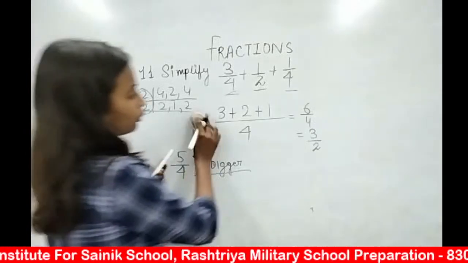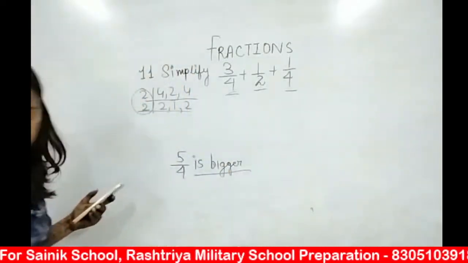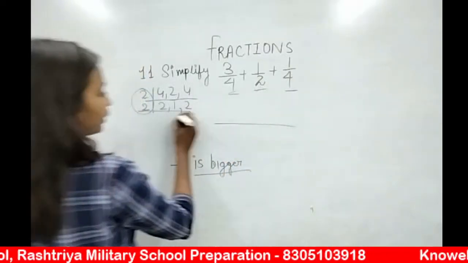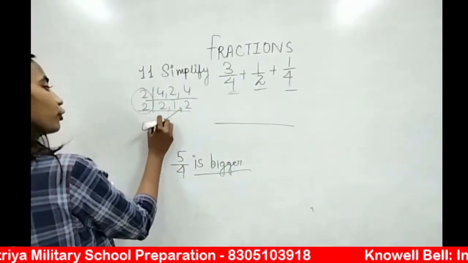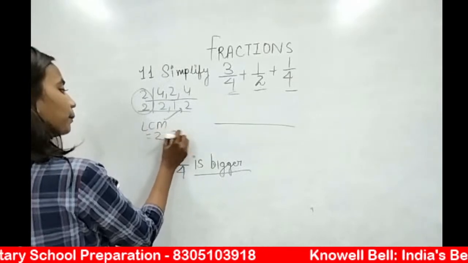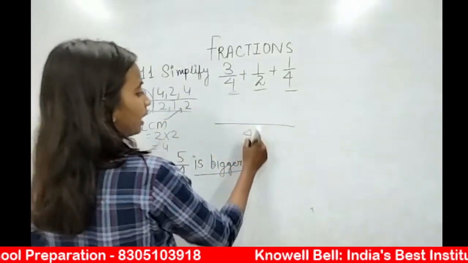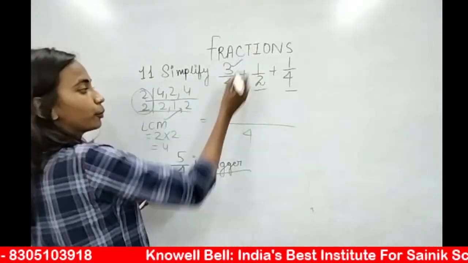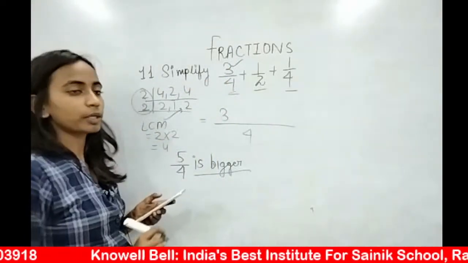How 3 by 2? Have a look again. LCM of 4, 2 and 4. What would be the LCM? Here we calculated the LCM would be 2 multiplied by 2, that is 4. The LCM came 4. Then 3 by 4: the numerator will stay the same because the denominator was already 4.